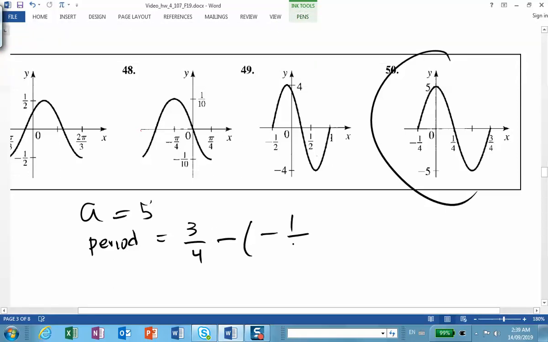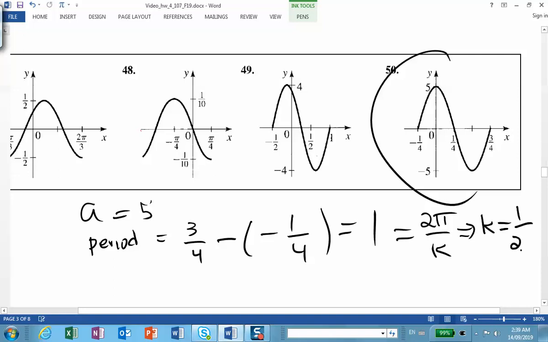Needless to say, this is a 1. You can just look at it. It's 4 1/4 segments. And therefore, this is 2 pi over k, which means k is equal to 1/2 pi, right? Just don't forget that when you write this difference, it is 2 pi over k, and that's how you find k. And finally, the phase shift is this coordinate, which is minus 1/4.